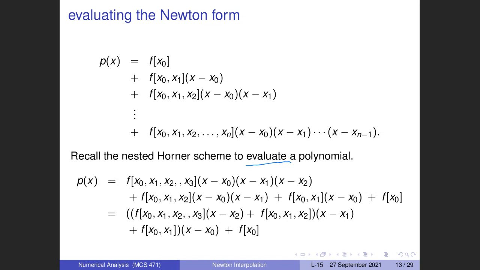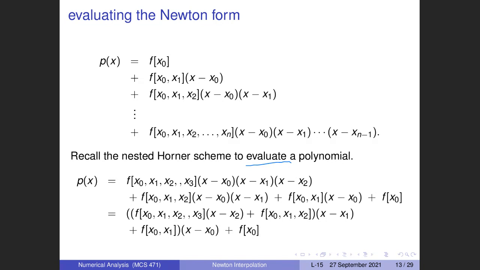The basic algorithm to evaluate a polynomial of degree n, if you don't do it right, costs you n square operations. But if you follow the nested Horner scheme, you can do this at a cost that is linear in the degree.